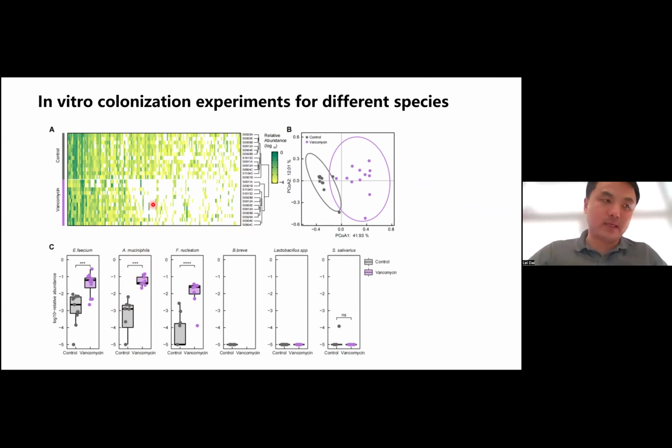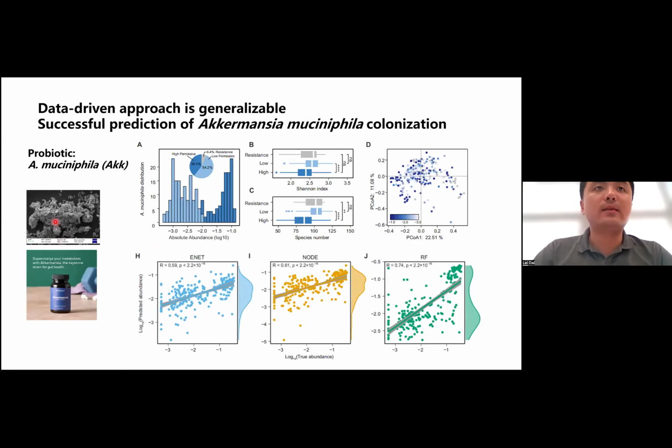So this is more of a small-scale pilot experiment. We find that some species have very large variations in their colonization. So we also did this for AKK, and the data is interesting. In this case, about 90% of the communities are permissive, so AKK can colonize.